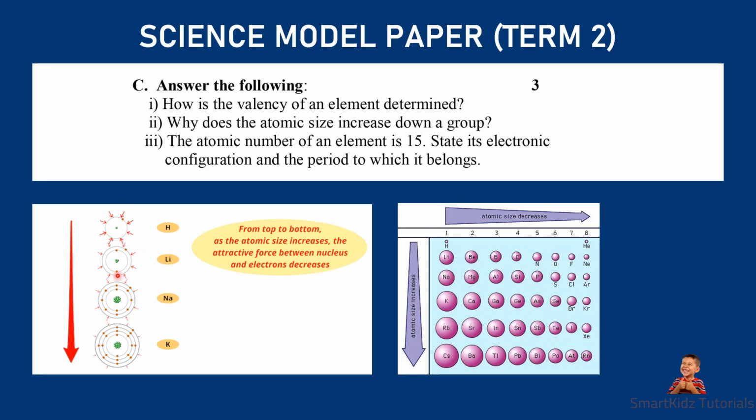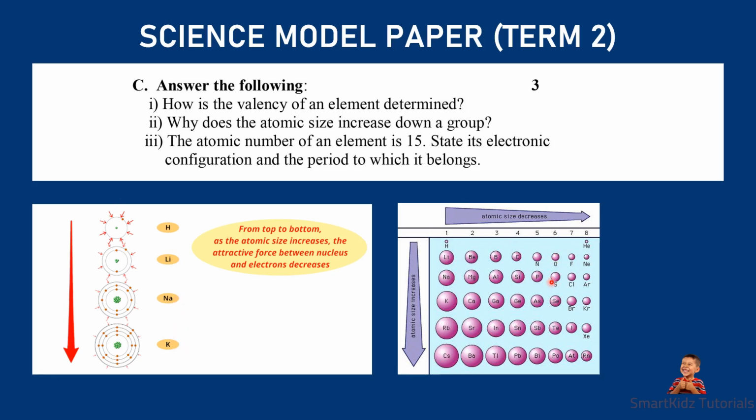You notice that the radius keeps on increasing down the group, because of the number of shells being added. Because the number of shells are being added, the size of the atom of that element goes on increasing. In this case, it is hydrogen, lithium, sodium and potassium.